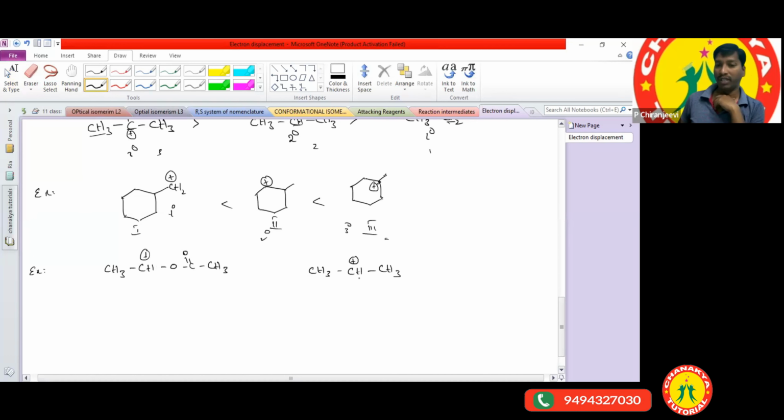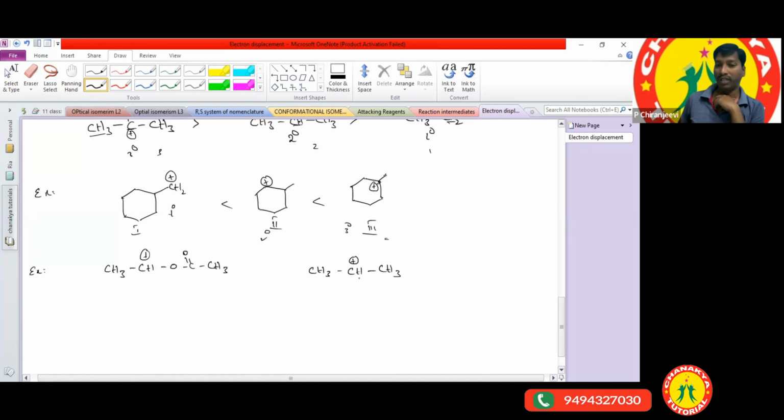If you know the strength of the minus I or plus I groups, based on that we can explain. In these two, which one is more stable? The first one is more stable.